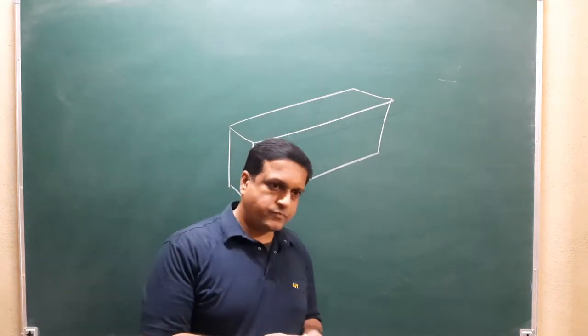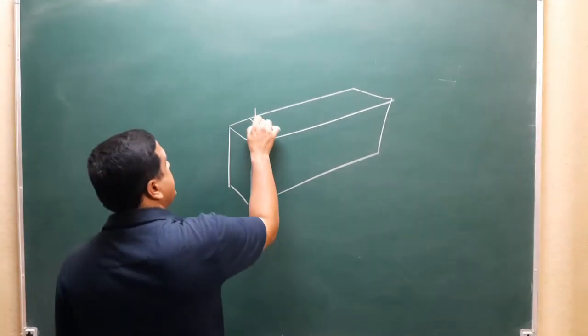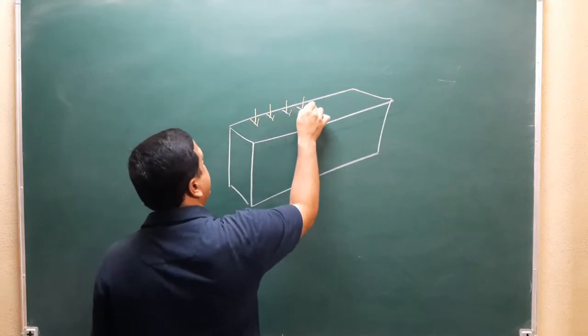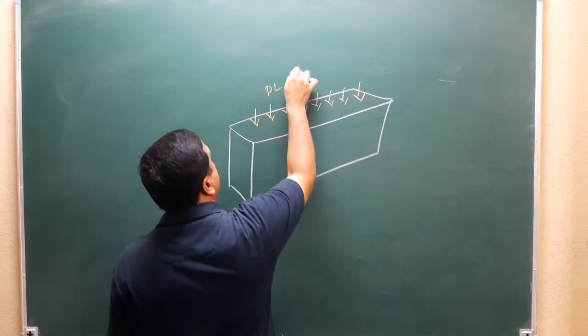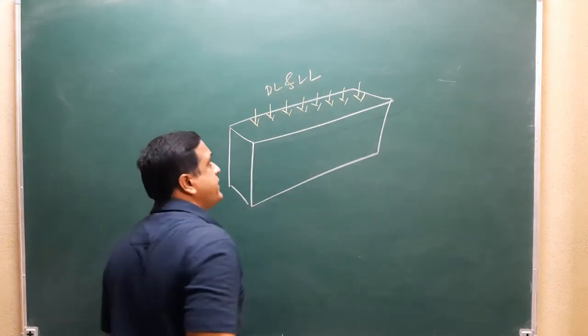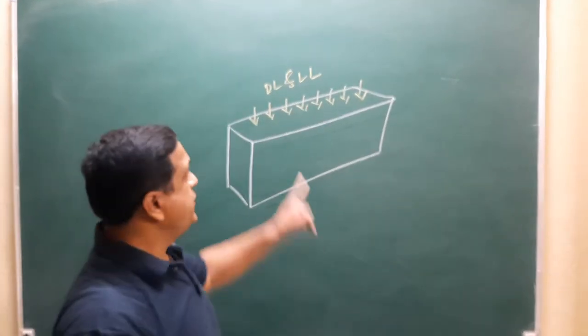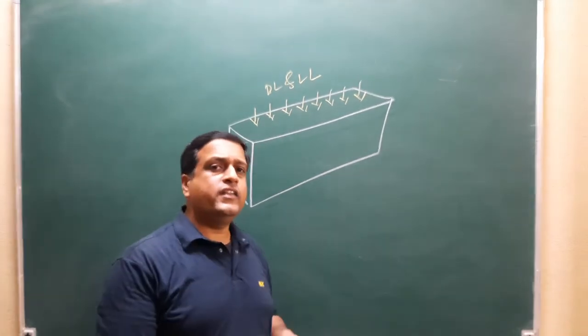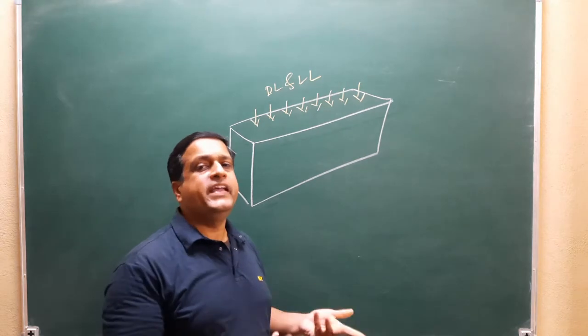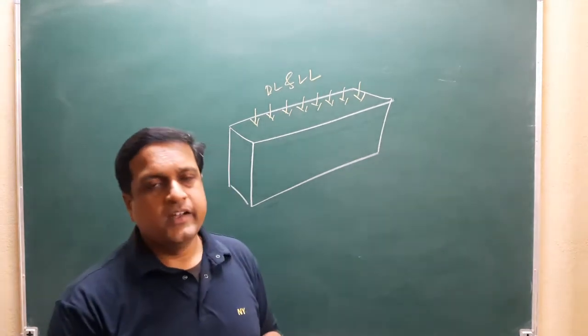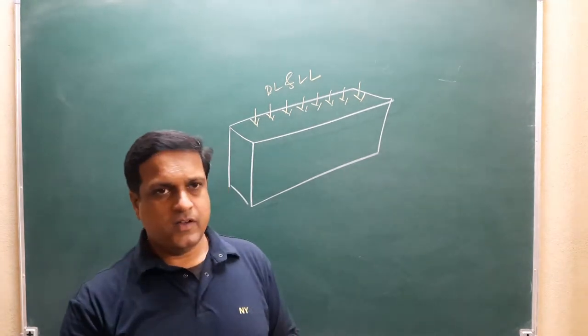Here the beam is subjected to transverse, external loading. The external loading is dead load and live load. Due to this dead load and live load, bending moment develops, and due to that bending moment, the bending stresses are developed.